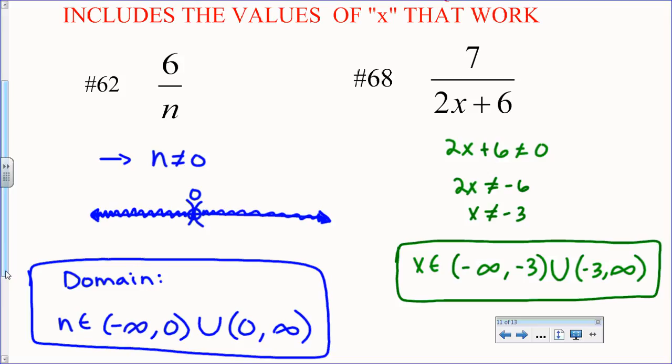So on a graph, rational expressions either have a hole or an asymptote to show you where their values don't work. Yes?